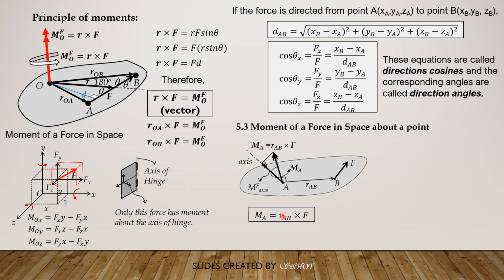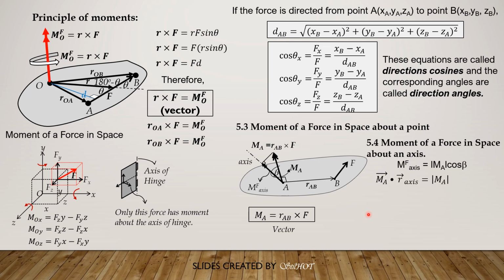So if MA is rAB cross F, then the moment of the force about an axis, which is a scalar, is equal to the magnitude of rAB cross F times the cosine of beta. So that's it. Moment of a force in space about an axis is equal to the magnitude of MA cosine beta, and since MA is rAB cross F, or position vector cross F, we can define this moment about an axis.